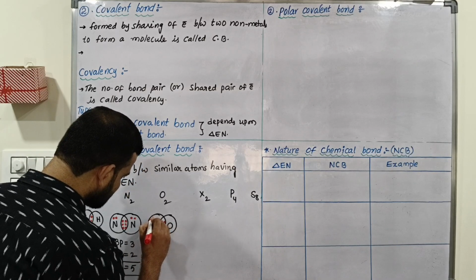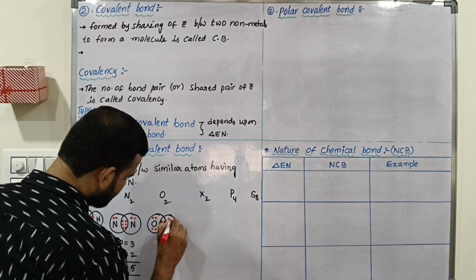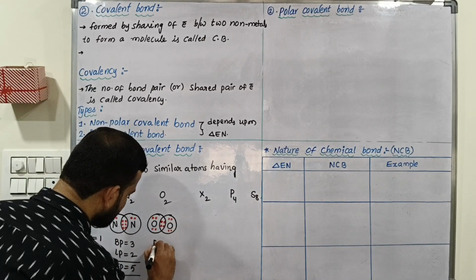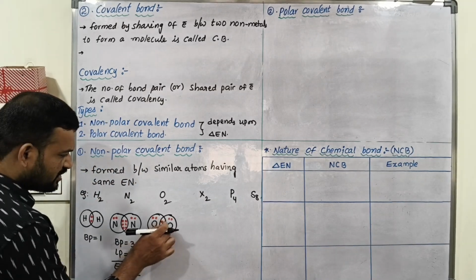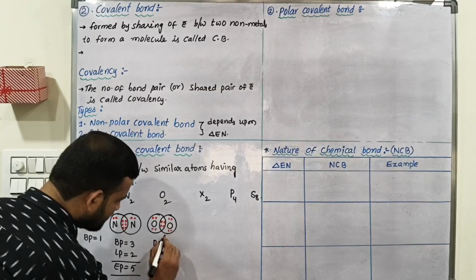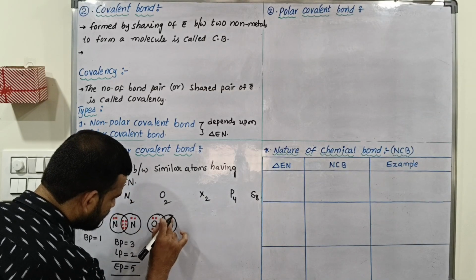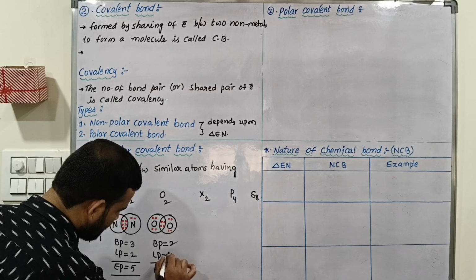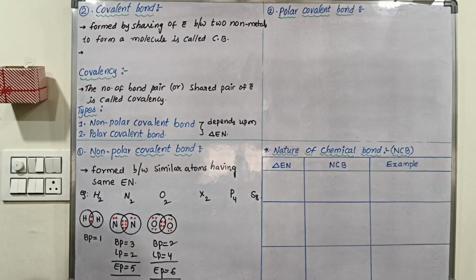Each oxygen contains two lone pairs, already we discussed in last class. Bond pairs means the electron pairs placed in between these two atoms, so there are 2 pairs. Lone pairs: 1, 2, 3, 4, at each oxygen two are there. So total electron pairs: 4 plus 2, 6.